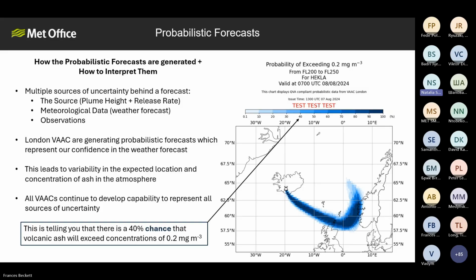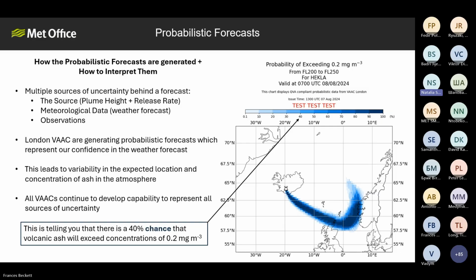So it's important to remember that the confidence can vary from day to day. But there have been huge strides in the meteorological community in recent years to provide uncertainty associated with the weather forecast, and they call this ensemble meteorology. We are now able to run our atmospheric dispersion model with this ensemble meteorology, so we can represent the uncertainty in the weather forecast in our modeling.